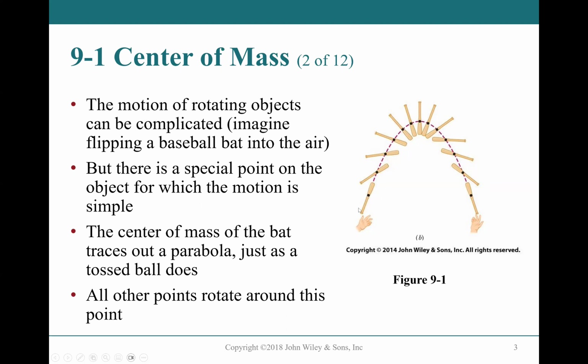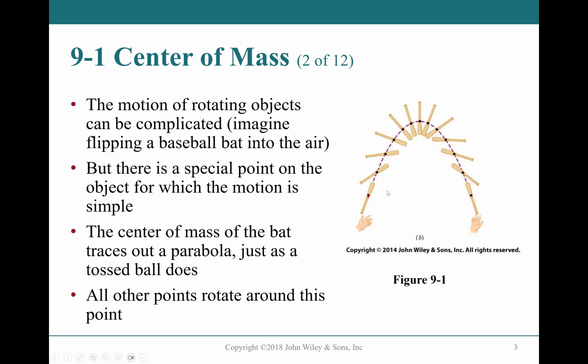If you take this point, you will see the motion looks like a parabola. Here on the center, this dashed purple line is a parabola. So the center of mass of the bat traces out a parabola, just as a tossed ball does.